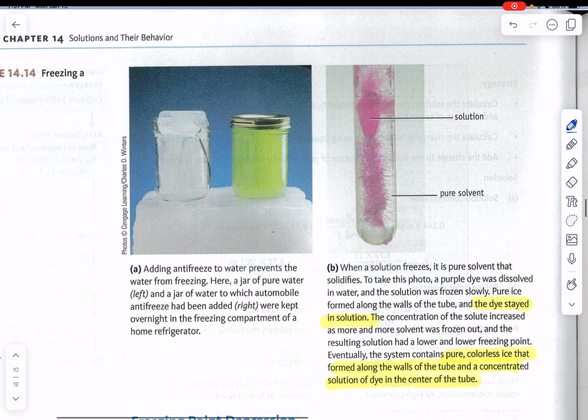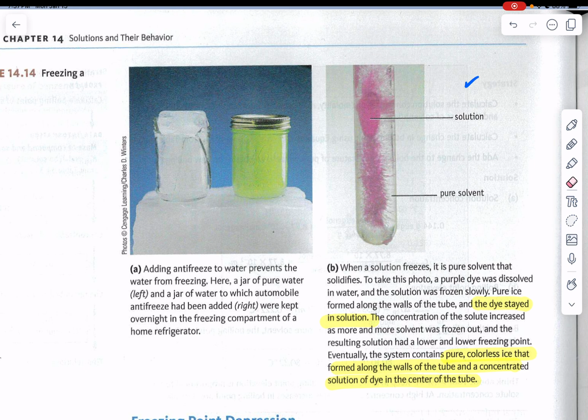And this picture over here is kind of interesting. If you have some purple dye, which would be molecules with a large molar mass compared to water, dissolved in water, and then you begin to freeze it, the large molecules will want to stay in the liquid part.